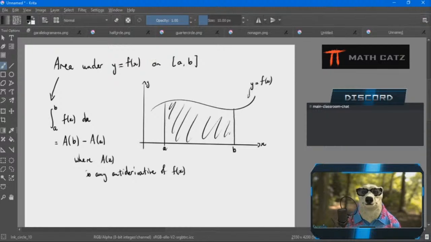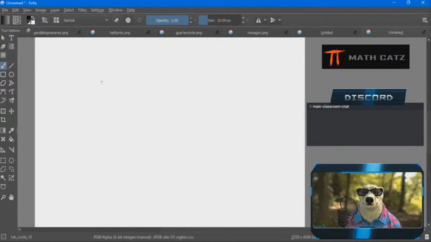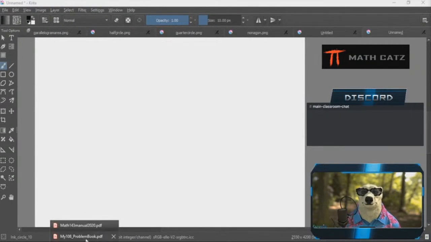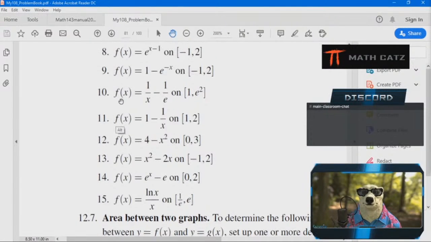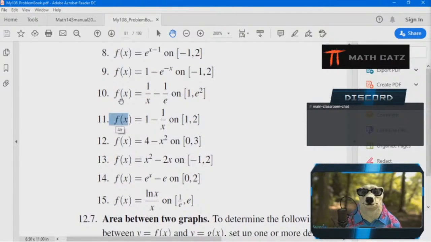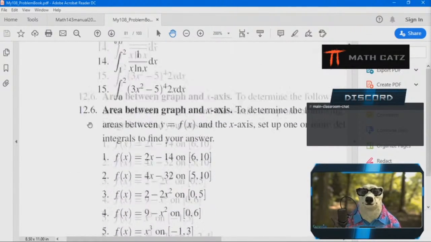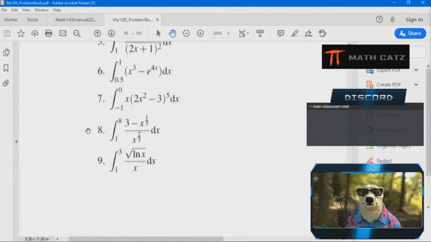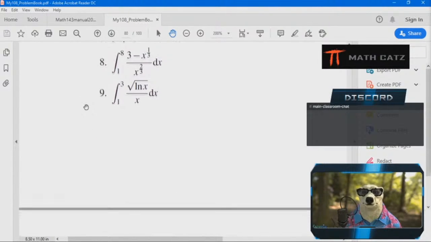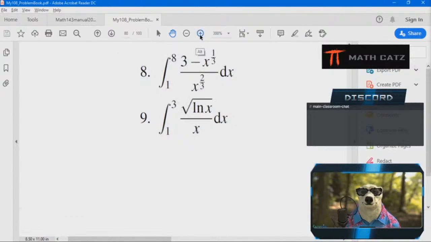Let's just do more examples to cover everything that we need to see. So let's go and look at, where did I want to look? Let's focus on something like number 8.